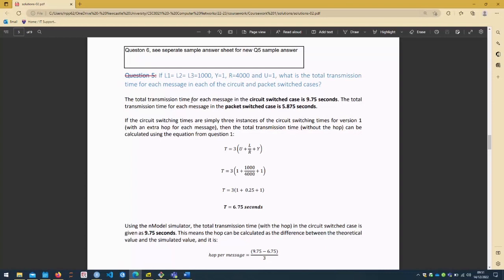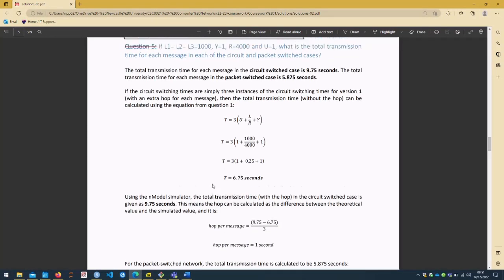Let me get solutions again. Right. So again, now we have a new formula because we have a different network, so the total transmission time will be slightly more complicated to calculate, particularly for the packet switch network.